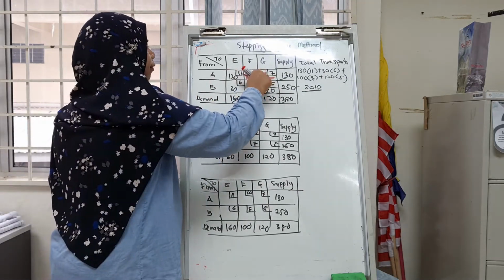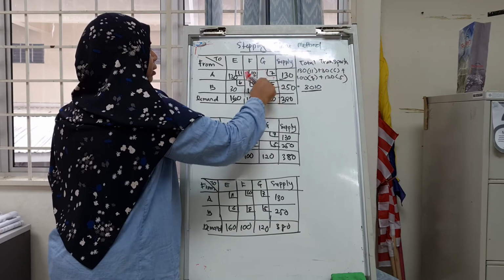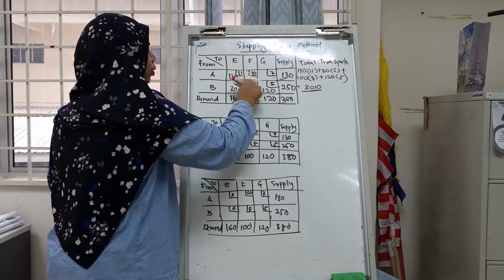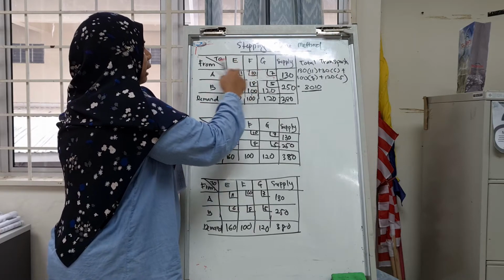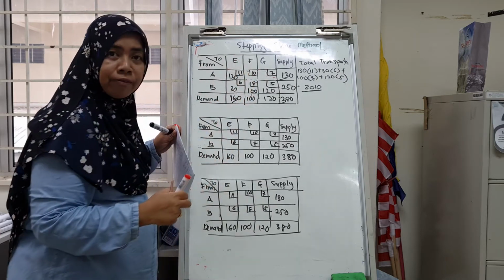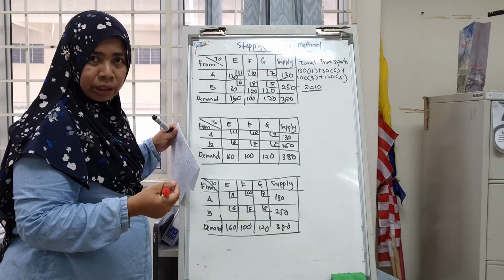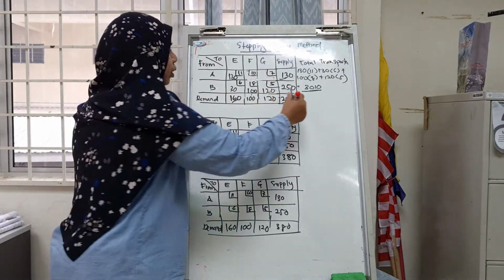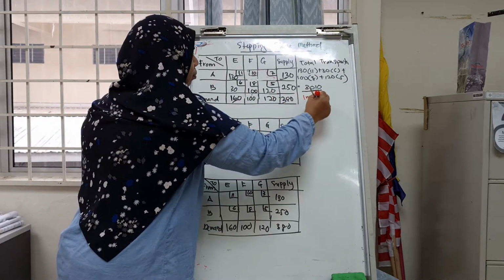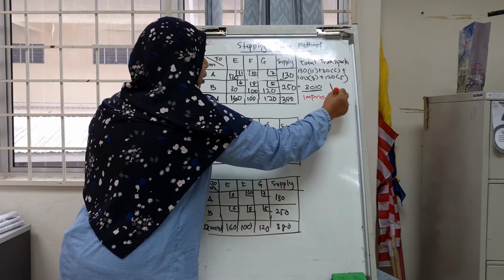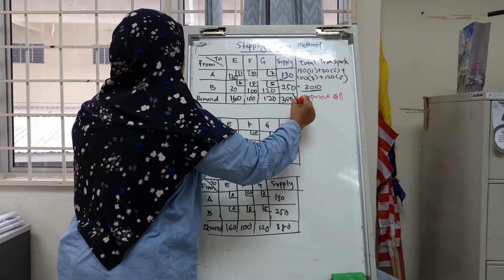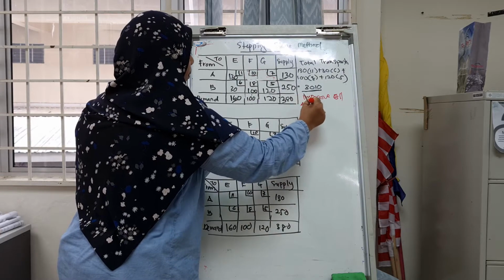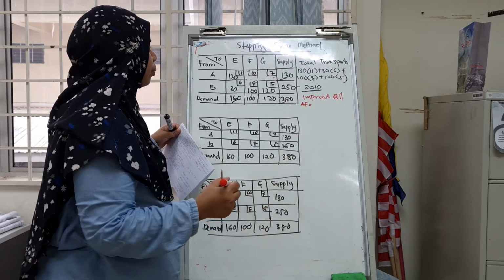So we have to improve this. For example, you see the cell AF doesn't have an amount. We call it an improvement cell. So the first cell is AF.